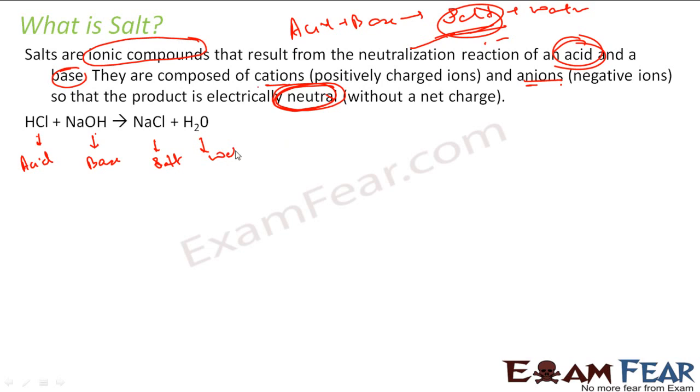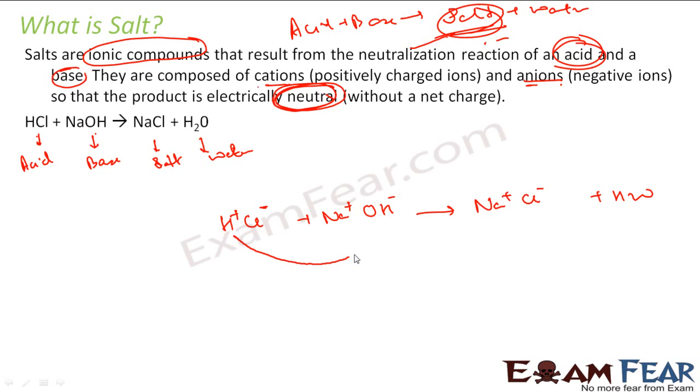So if you see the reaction, what happened here is you have H plus and Cl minus, you have Na plus and OH minus. In this case you got Na plus Cl minus and H2O. Since HCl was the acid, it will give a hydrogen ion.